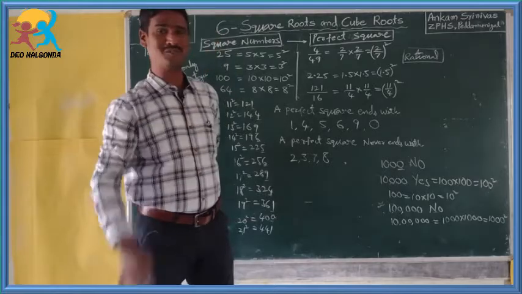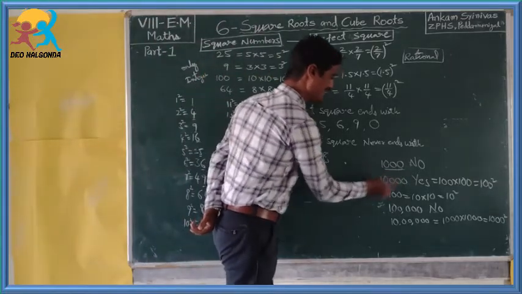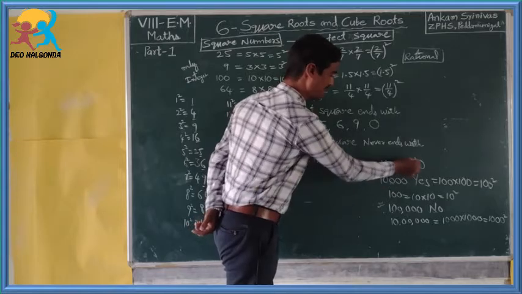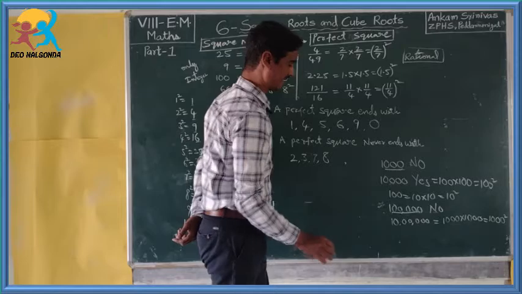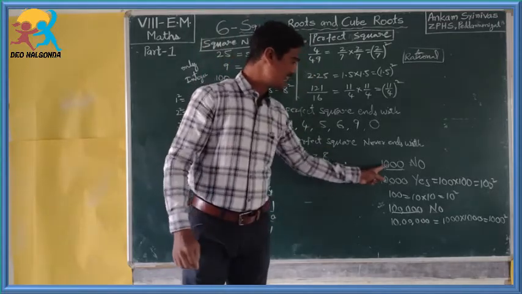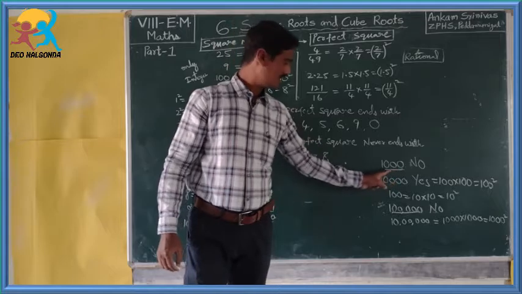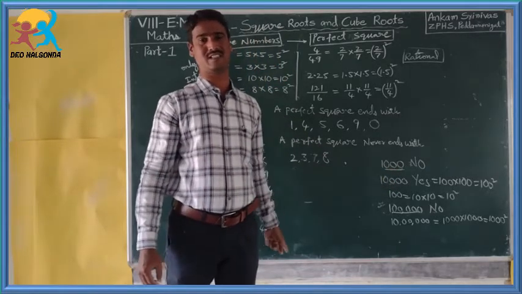So what do you observe here? When the number of zeros is 3, it is not a perfect square; here 5, it is not a perfect square. So if the number ends with an odd number of zeros, it is not a perfect square.